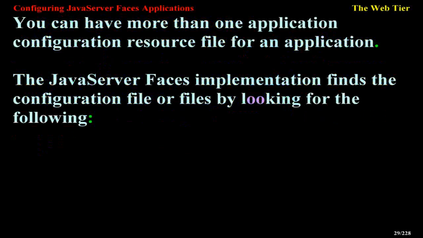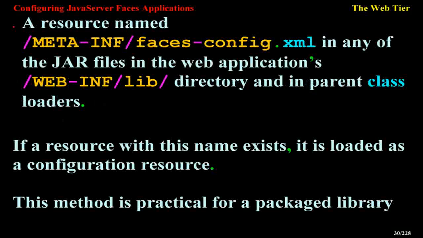You can have more than one application configuration resource file for an application. The JavaServer Faces implementation finds the configuration files by looking for the following: a resource named META-INF/faces-config.xml in any of the JAR files in the web application's WEB-INF/lib directory and in parent class loaders.